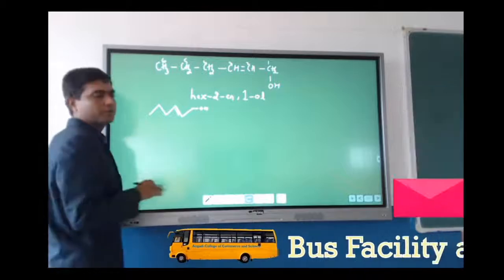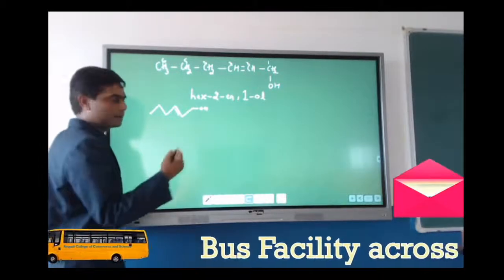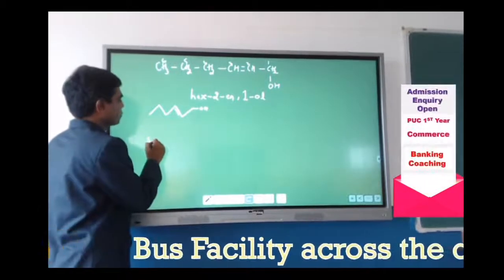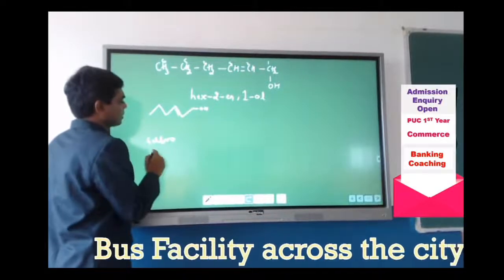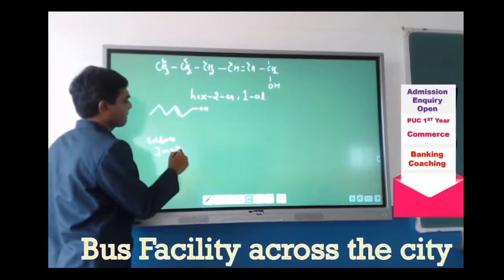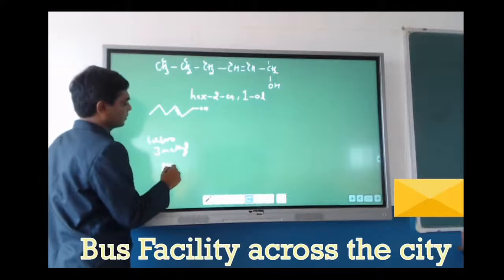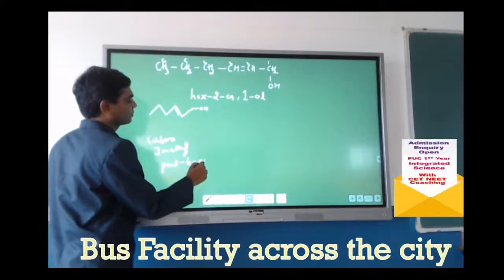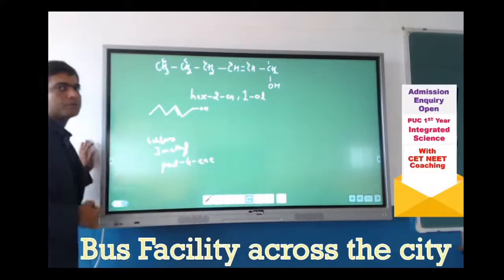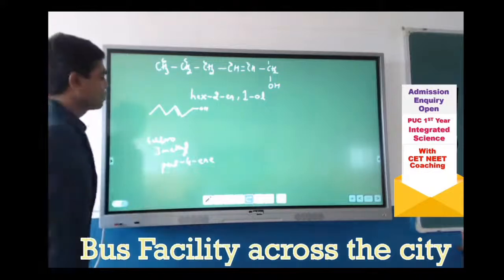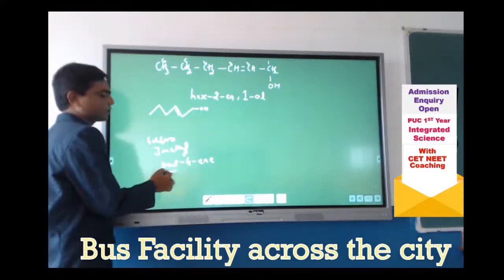And when we are only given the name and need to write the compound, that also I will tell. 4-chloro-3-methylpent-4-ene. If we use the name to write the compound, directly first concentrate on the root word.